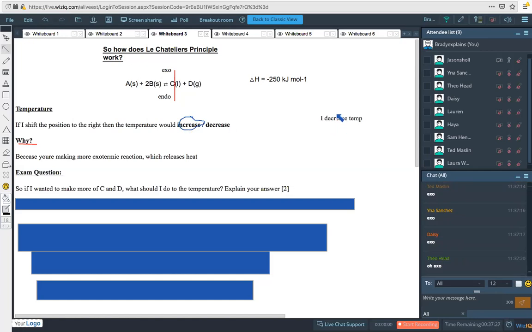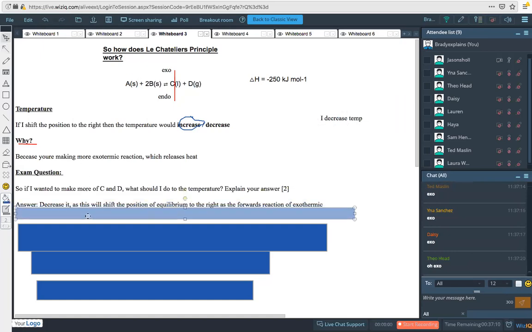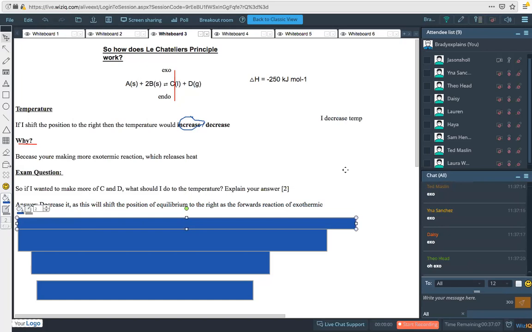So if I was to decrease the temperature, then the position of equilibrium would try and bring the temperature back up again. And it would do that by shifting to the right to make more exothermic reaction. So the answer to the question is, if you want to make more of C and D for this equilibria, we need to decrease the temperature, as this will make the position of equilibrium shift to the right because the forward reaction is exothermic.